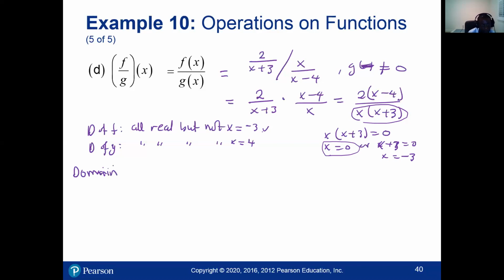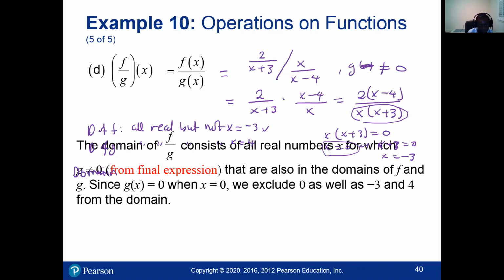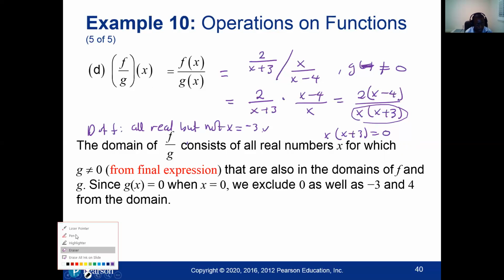Let me erase this part so they can see. So the domain of this expression is what? All real numbers for which g of x is not equal to 0. g of x is equal to 0 when x is equal to 0.